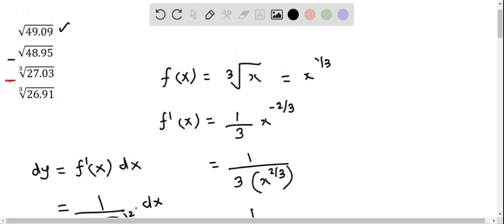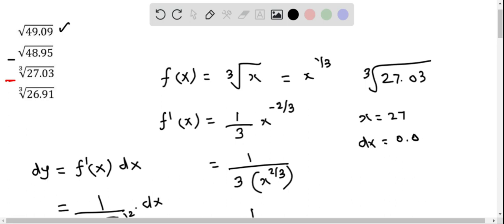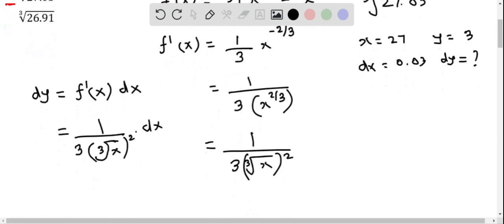If we consider the cube root of 27.03, we can consider x equal to 27. Therefore, dx is 0.03. And similarly, y equal to the cube root of 27 is 3. We are actually finding dy.